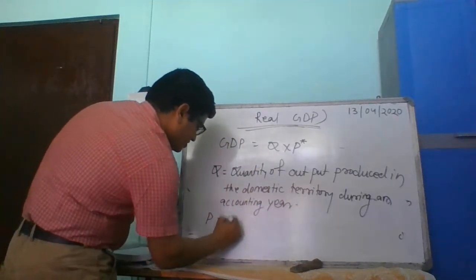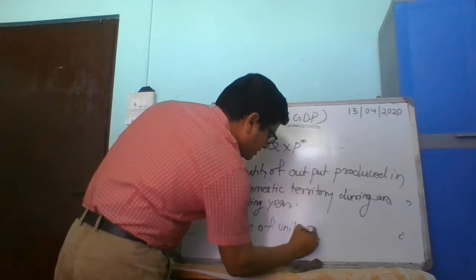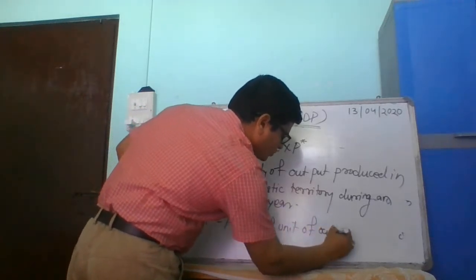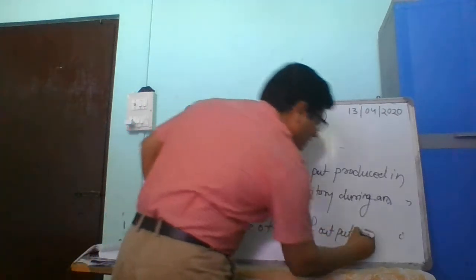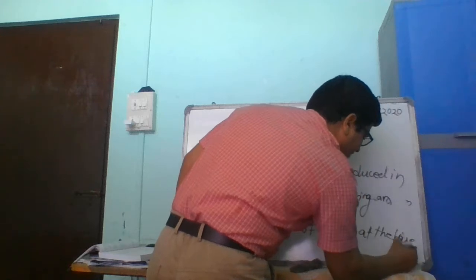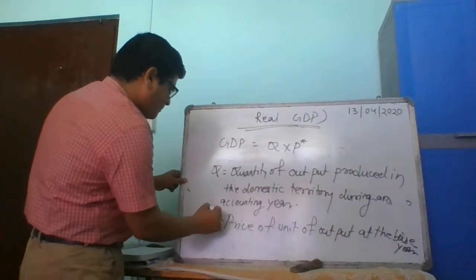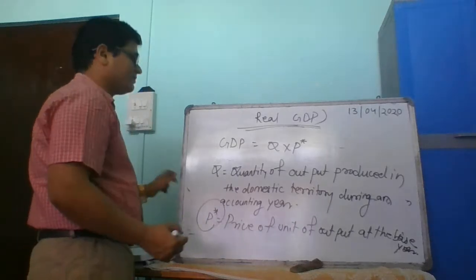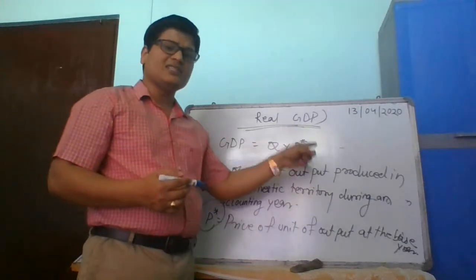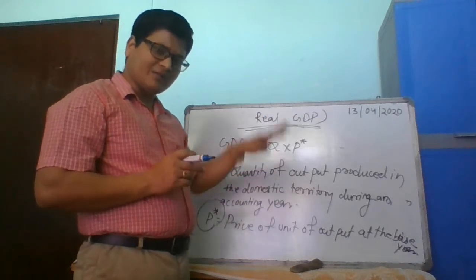P is the price of unit of output at the base year. That means here P is constant. That means base year price is constant. We take that price.